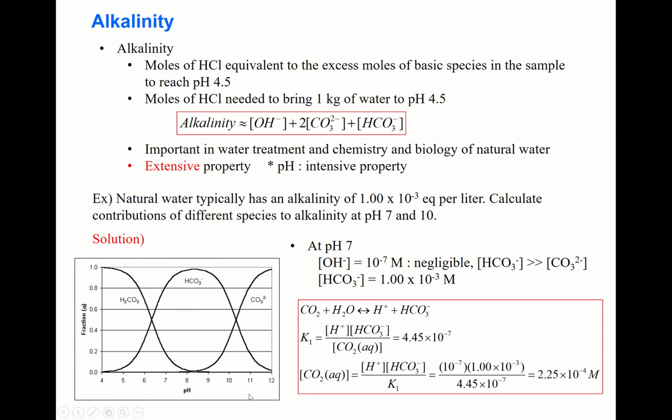This K1 is given by this equation, and it is 4.45 times 10 to the minus 7, a small value. CO2 concentration in aqueous solution is given by this one, and it is calculated from this. pH is already known, 10 to the minus 7, and K1 is already known.